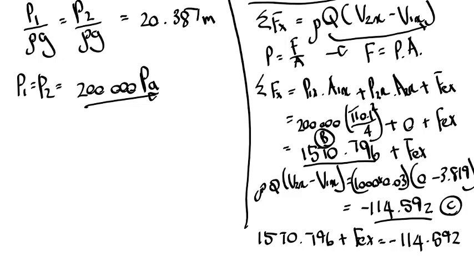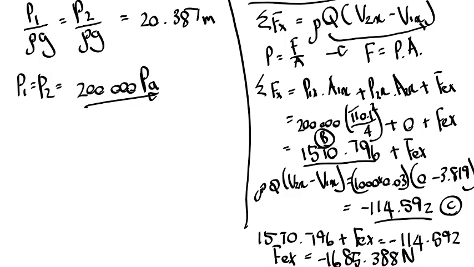Therefore we can calculate FEX now, which is simple. We'll simply take the negative 114 that you stored in alpha C minus your value that you stored in alpha B, and that should give you negative 1685.388. Okay, and it's a force.